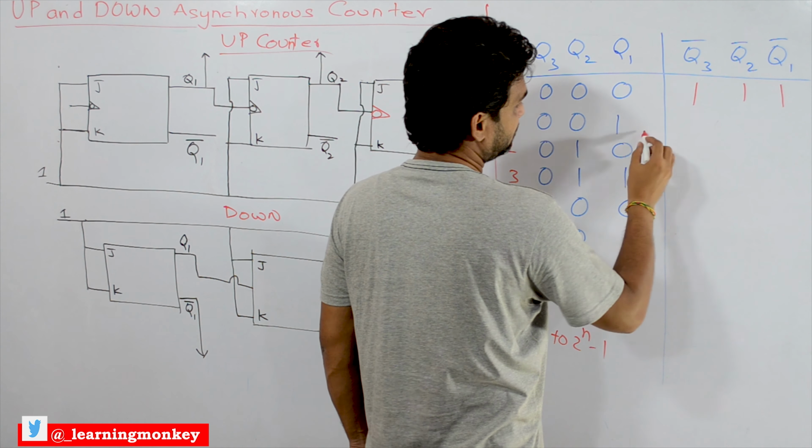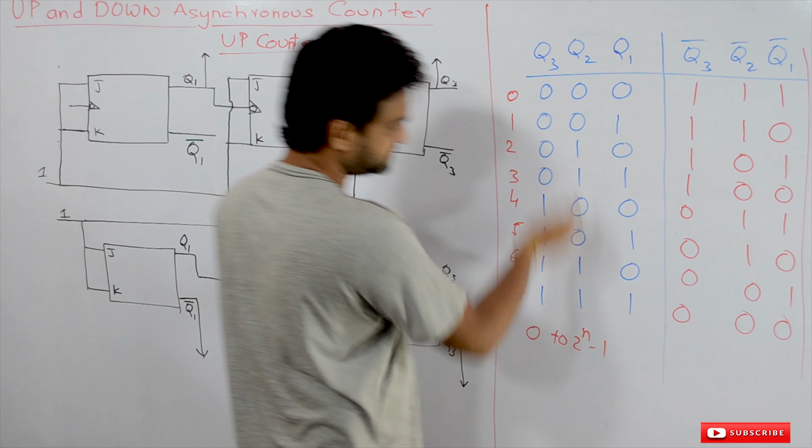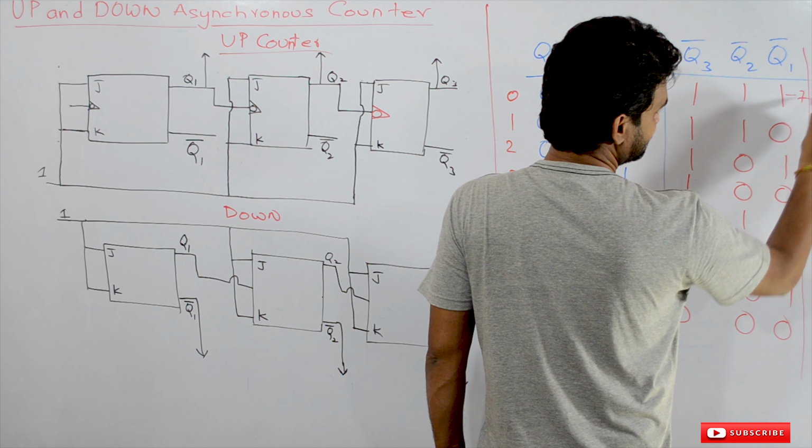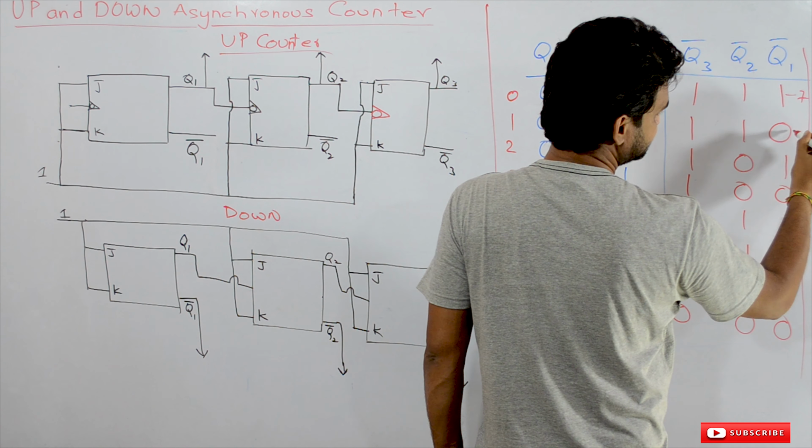This one is 0, 1, 0. 0, 0, 1, and this one is 0, 0, 0. Just the reverse of these values. So the decimal equivalents are 7, 6, 5, 4, 3, 2, 1, 0. So this is how the down counter will be working.